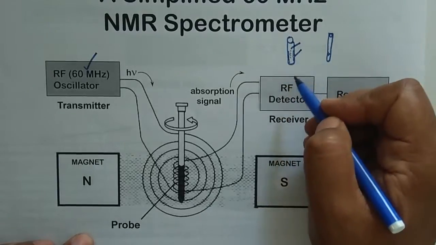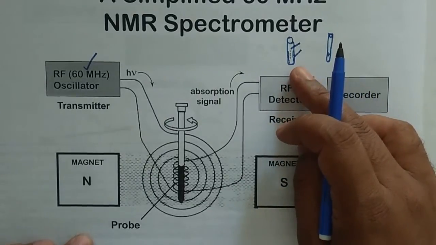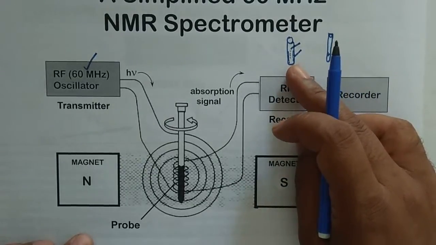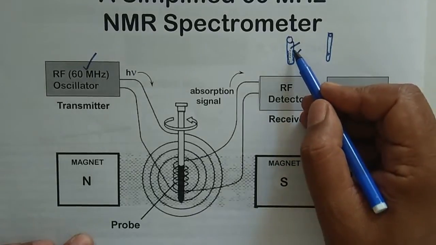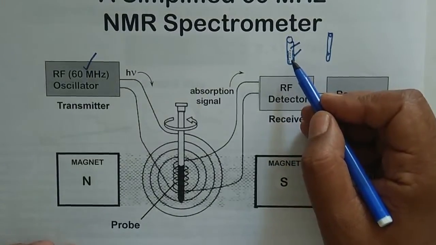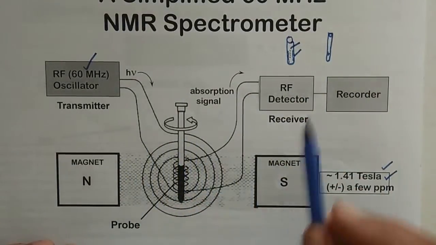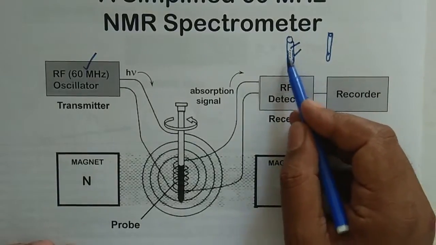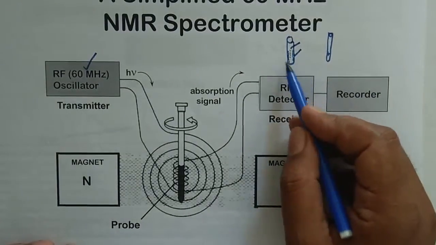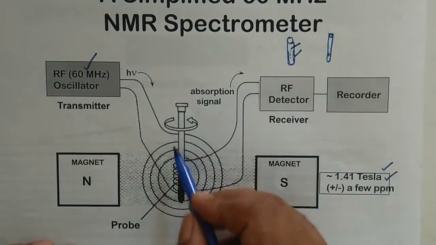But in NMR spectroscopy, it is a must that all nuclei, whether present at the wall or in the center, experience the same magnetic field. For this, we rotate the sample so that clear movement of the molecules from here to here takes place, and the average magnetic field experienced by all the nuclei is the same. That's why it is revolving.